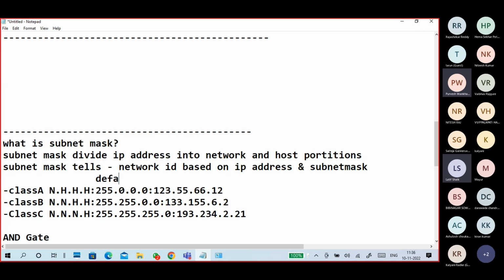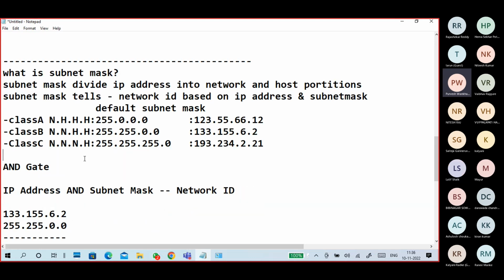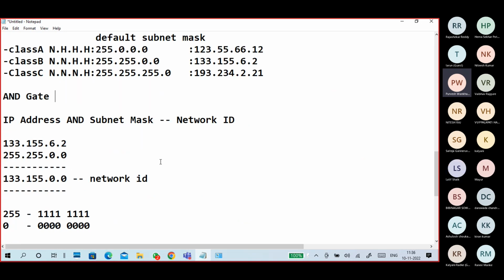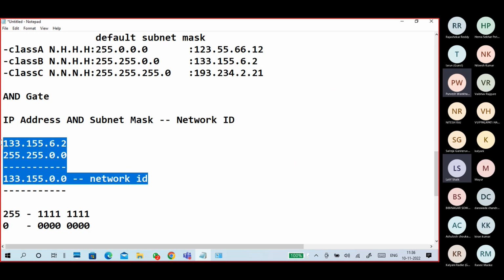This is called a default subnet mask. What is default subnet mask? Subnet mask uses AND gate. IP address and subnet mask, you do AND operation, then you'll get a network ID like this.